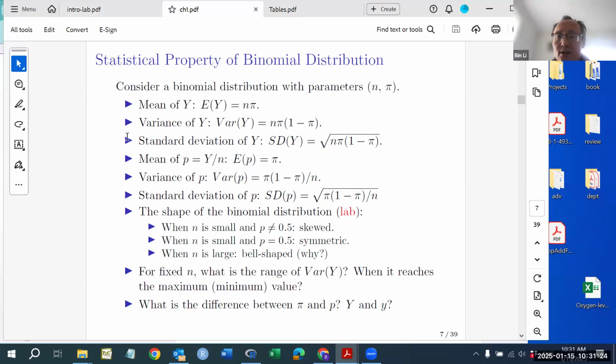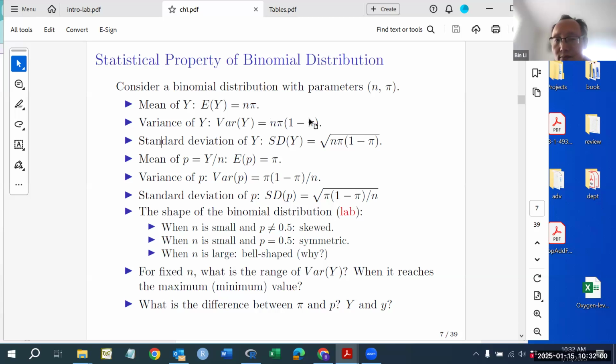For the statistical properties of the binomial distributions, we talk about the mean of Y. Y is the number of successes for a binomial distribution with the number of trials n, and the probability of having a successful outcome within each trial is pi. The mean is equal to n times pi. So that's the expected number of successes.